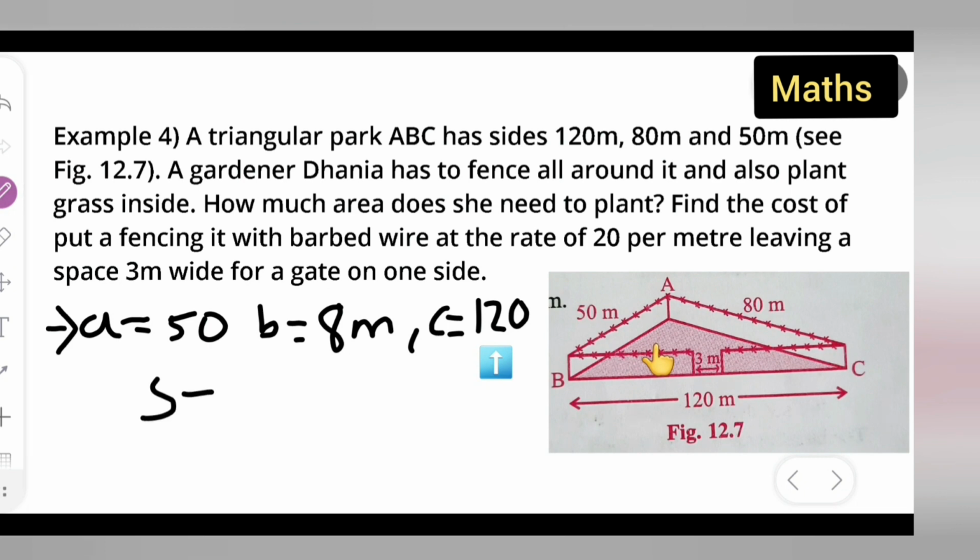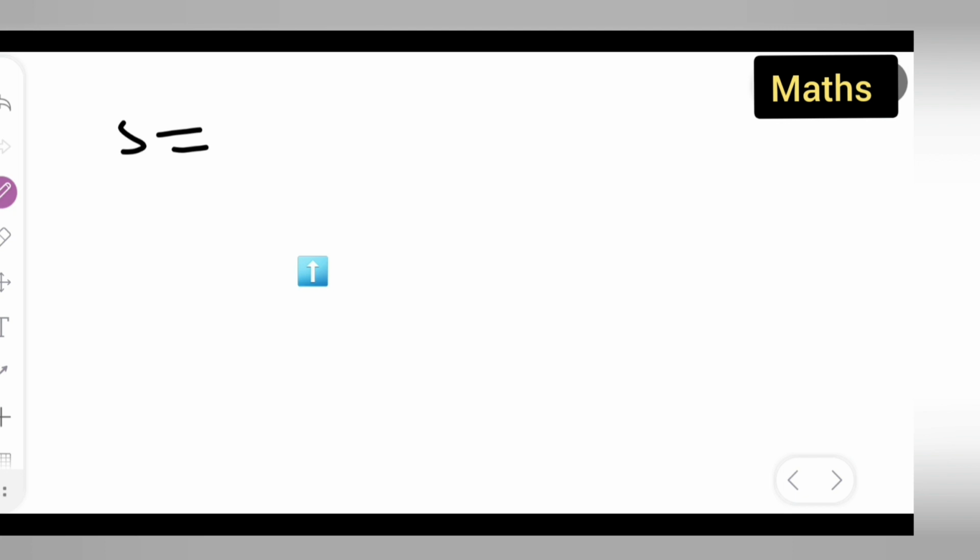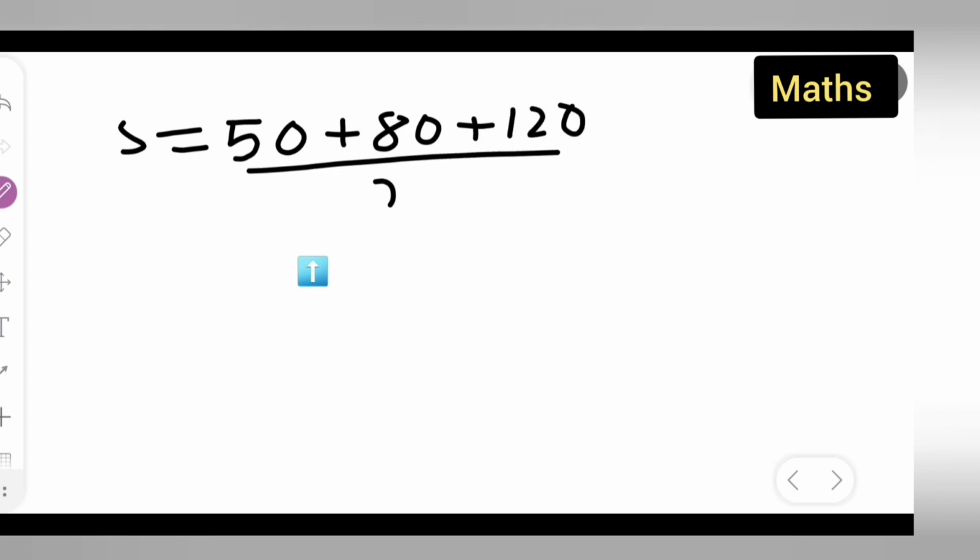So take S is equal to A plus B plus C upon 2. So basically S is equal to 50 plus 80 plus 120 upon 2, right?